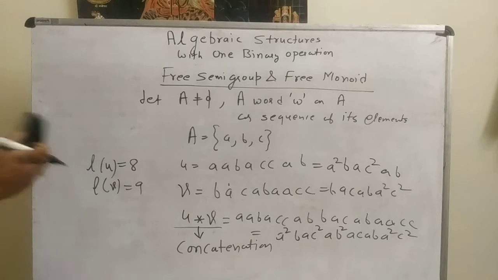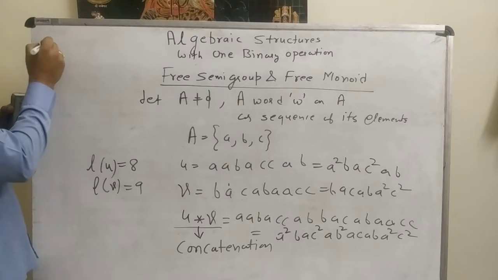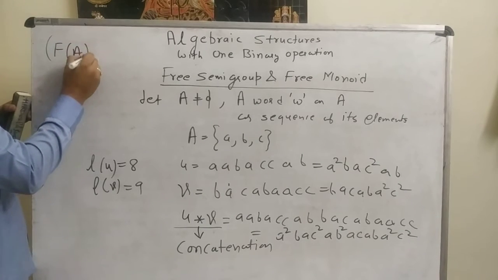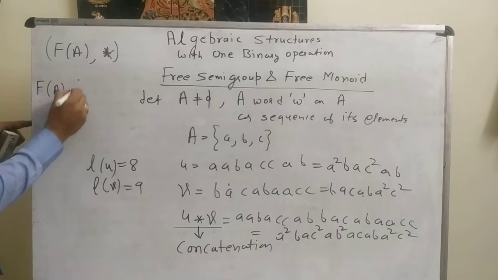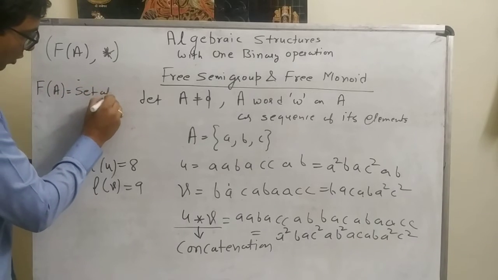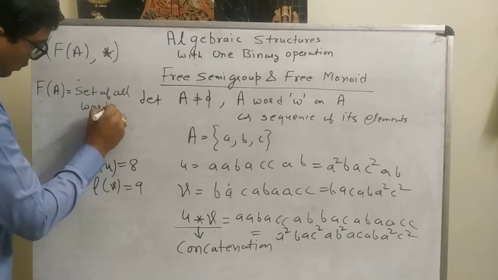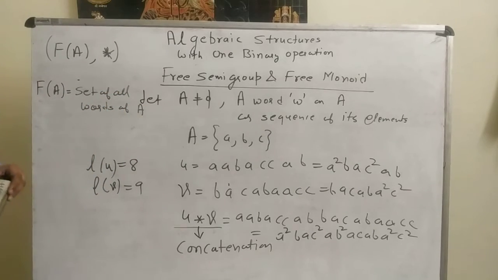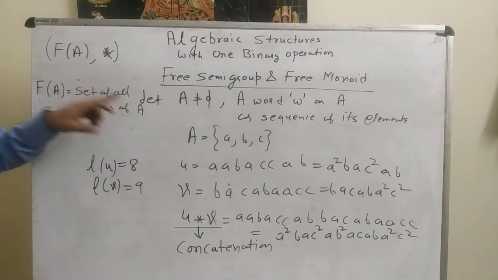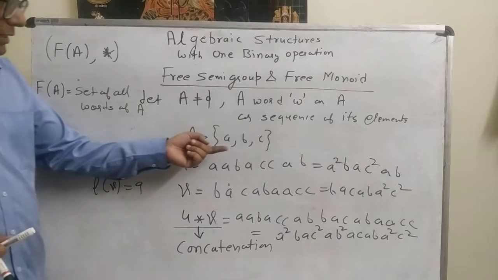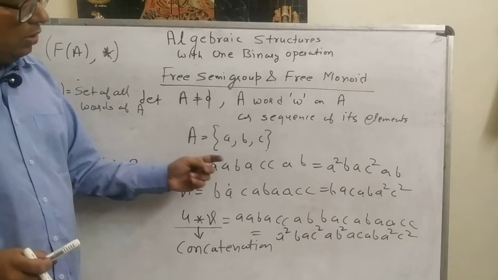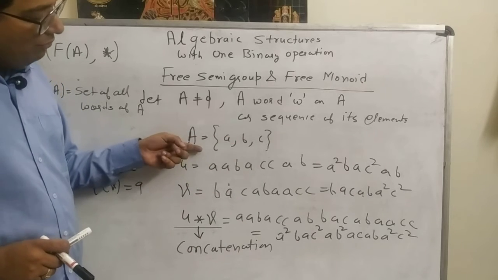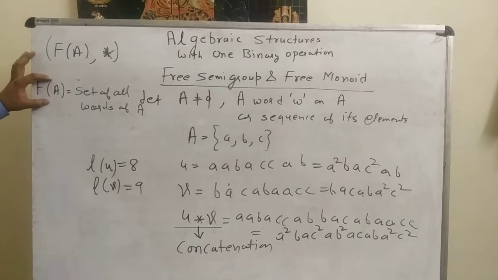Now, the next step: let us take an algebraic structure F(A), star. What is this F(A)? F(A) is the set of all words of A. So if A is {A, B, C}, then we take all possible words which can be defined on this set A as F(A).